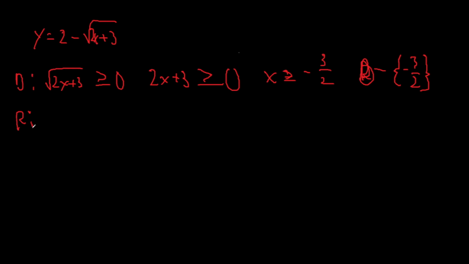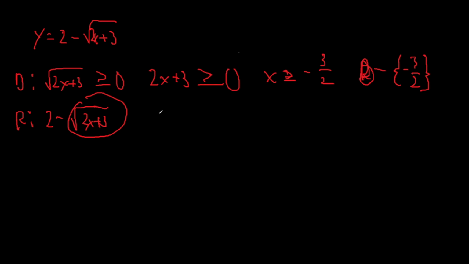Range. Since we just stated that the square root of 2x plus 3 has to be greater than or equal to 0, right? It's 2 minus the square root of 2x plus 3. The greatest value that y can be in this case is 2, because if this number is greater than 0, then it's going to be a smaller number.